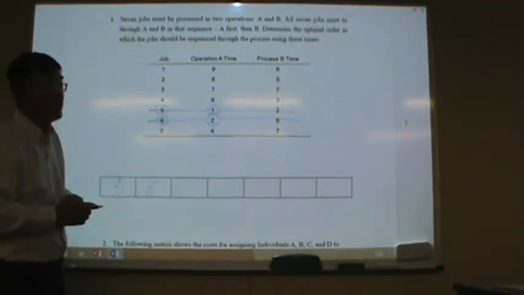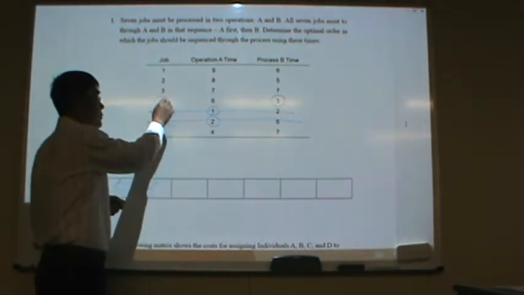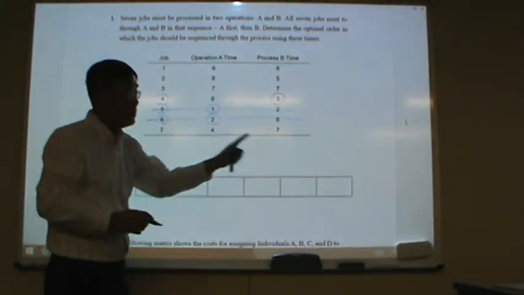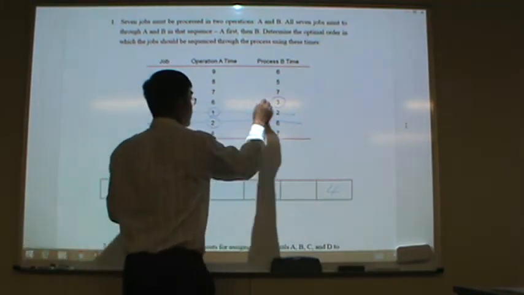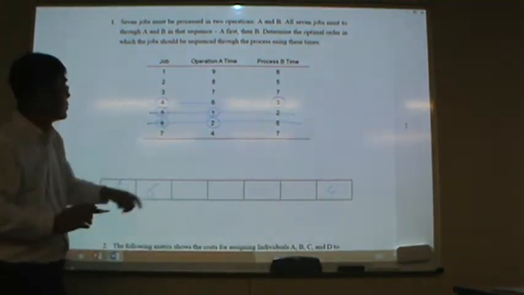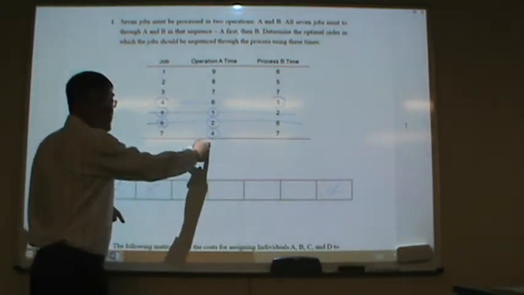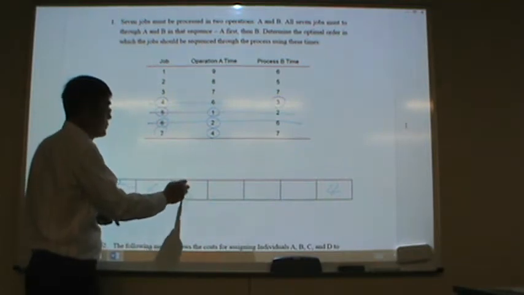Next shortest time is 3, right? Job 4, second machine, to last, right? And the next one is 4, right? First machine, job 7, first, right?